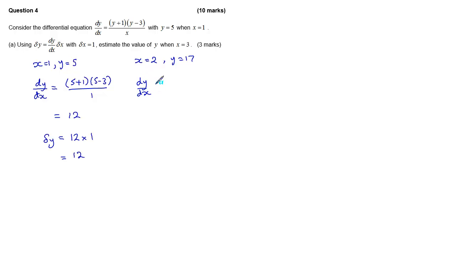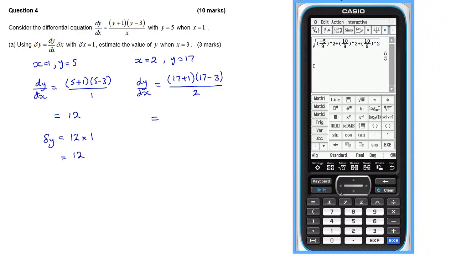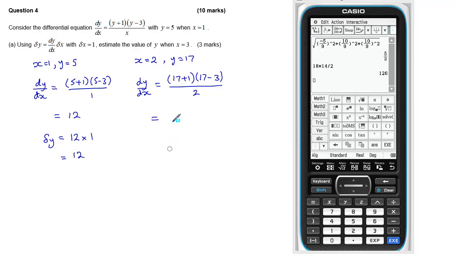So dy/dx would be (17 add 1)(17 take away 3) all over 2. So that gives me 18 multiplied by 14, divide that by 2, which is 126.